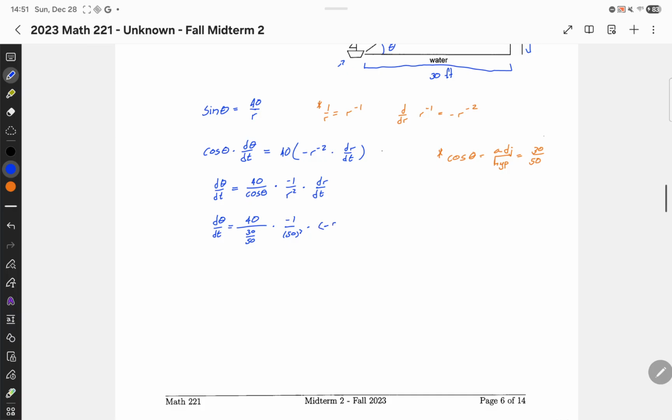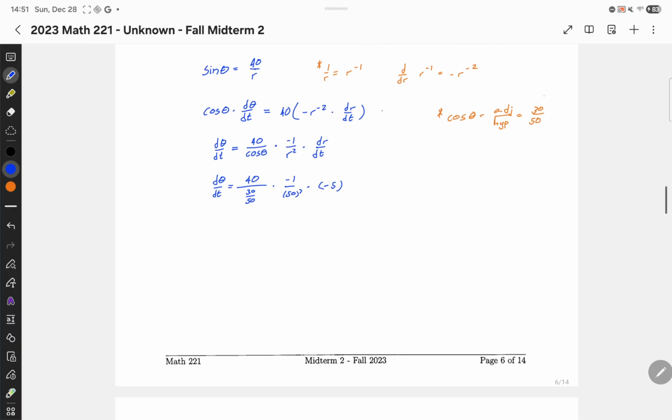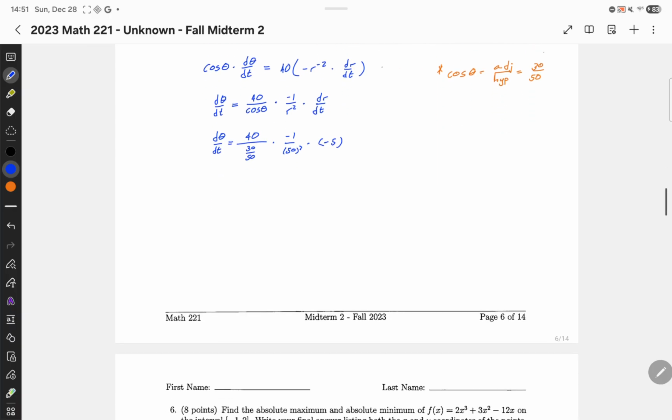I'm leaving out the units for now, and we'll come back to them at the very end. So this is going to be equal to 40 times minus 1, which is minus 40, but times a minus 5 is going to cancel out. And so for now, let's just write this as 40 times 5. Right, the two negatives canceled.